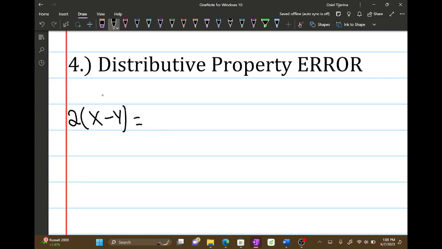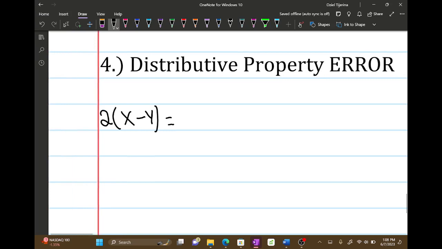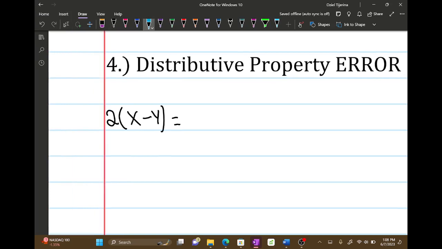So for example, if I am talking about the distributive property, and I say, well, this is going to be 2x, right? It's going to be 2x minus y. And this is not true. It's not correct.